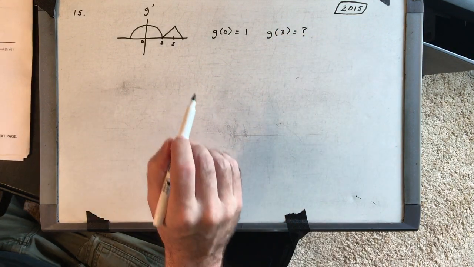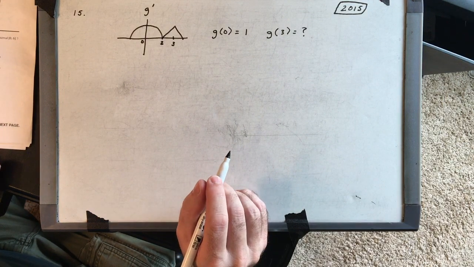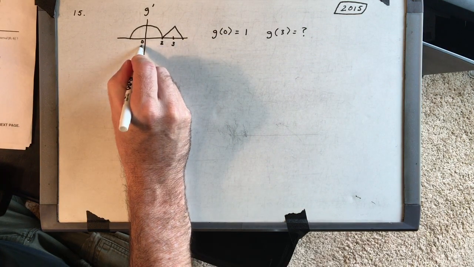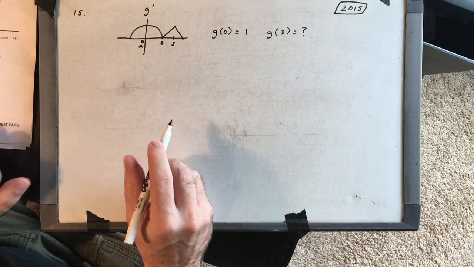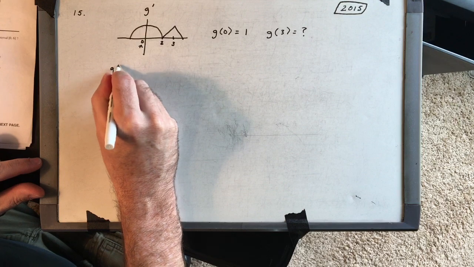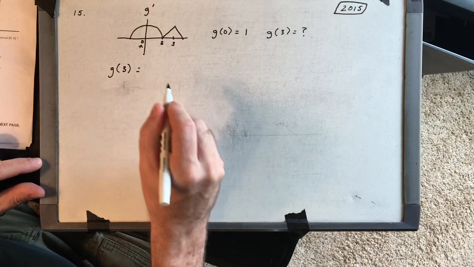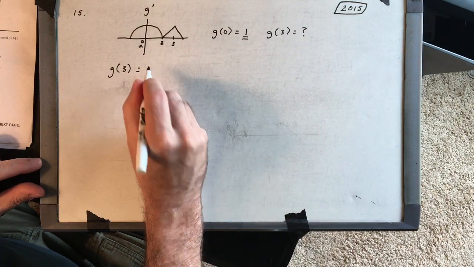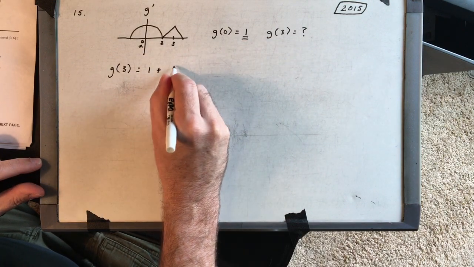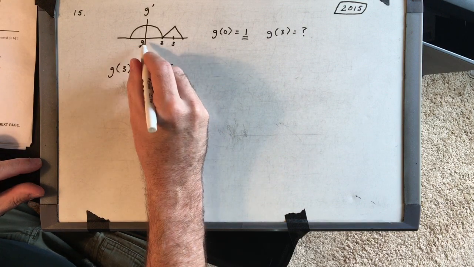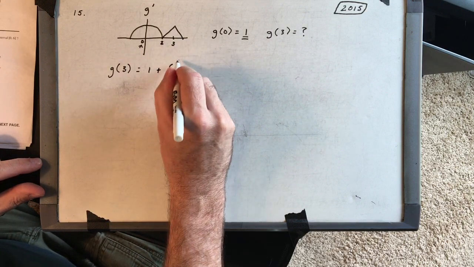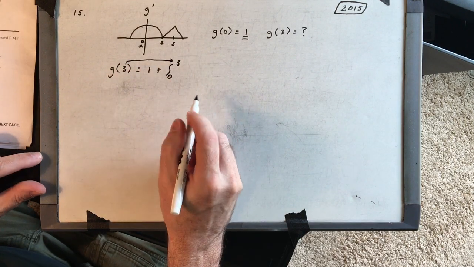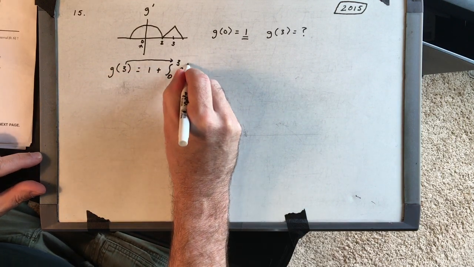When you're given the graph of a derivative, you have a starting point, g of 0. So g of 3 is equal to the y value at 0, where you start, which is 1, plus the area under the curve from 0 to what you are trying to get to, of the graph of the derivative.